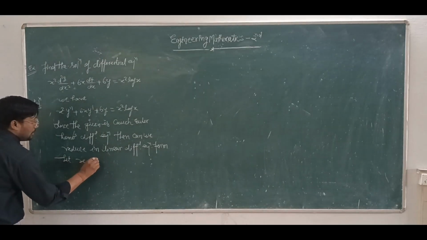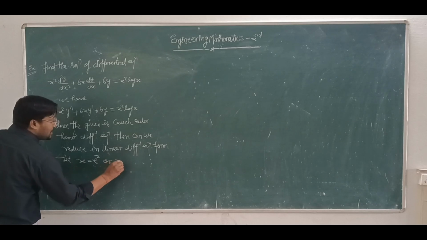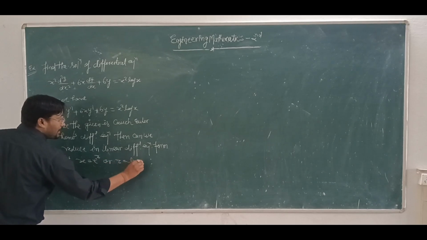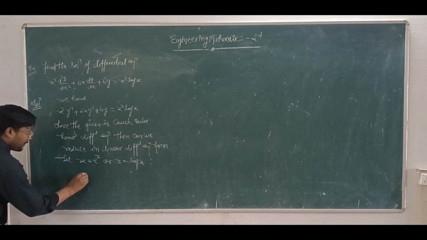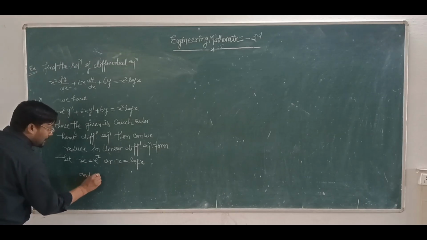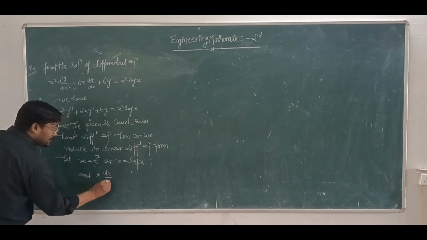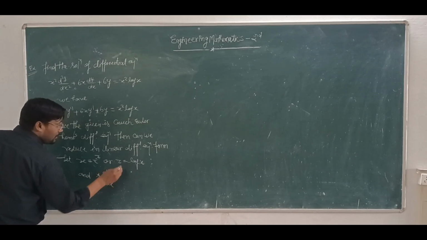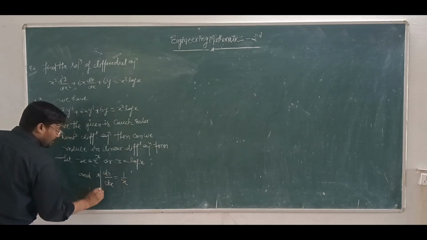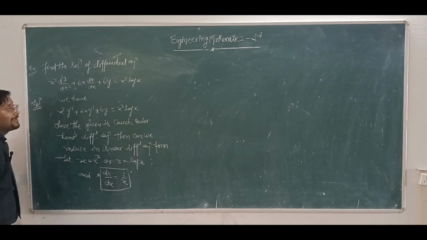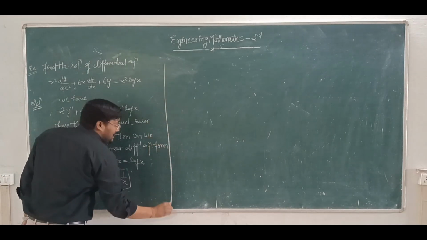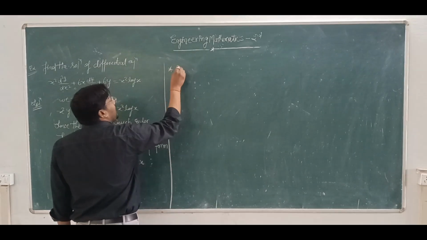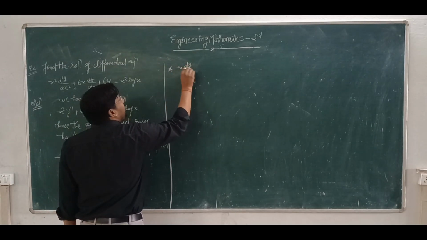First of all, you let x is equal to e to the power z, or you can simply write z is equal to log x, and first of all find the value of dz of dx. You can write 1 by x. Now second, find the value of x dy of dx.